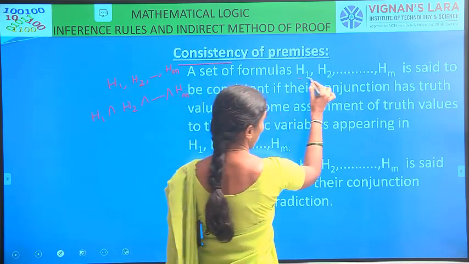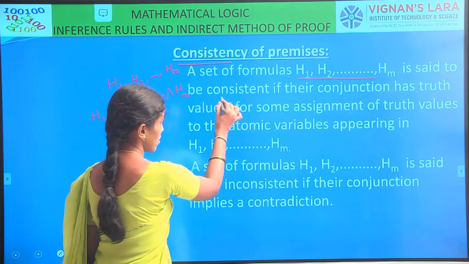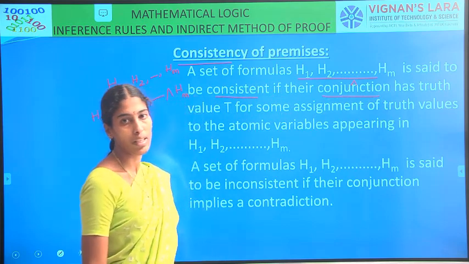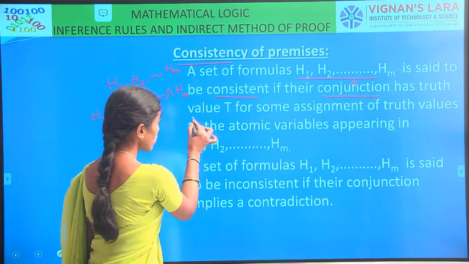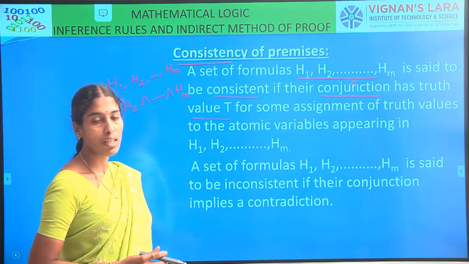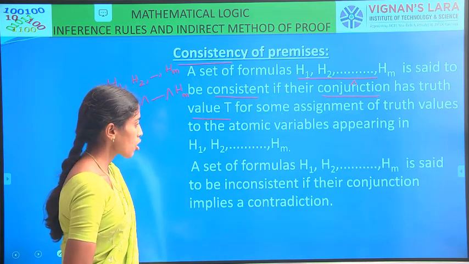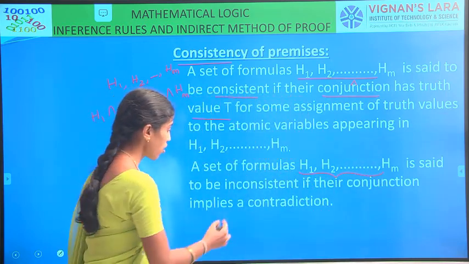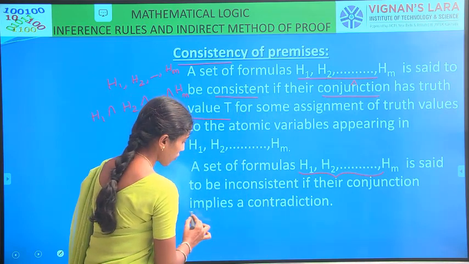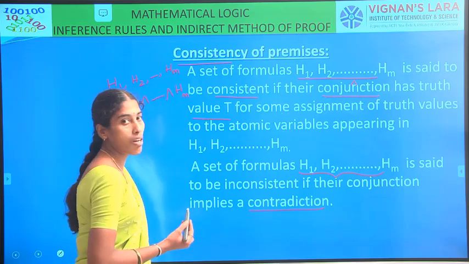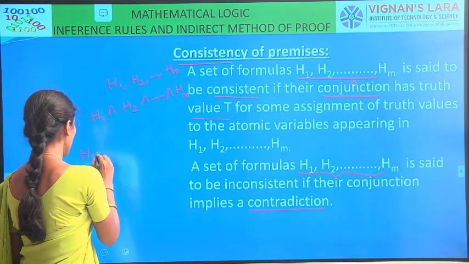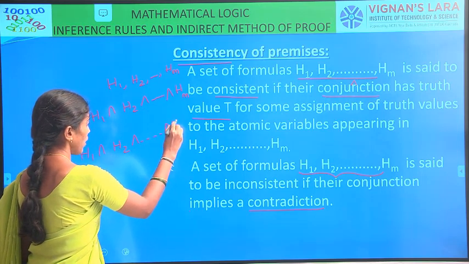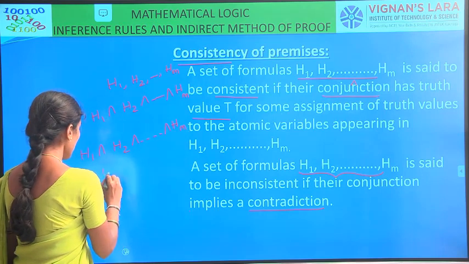A set of formulas is said to be consistent if their conjunction, meaning we use the and symbol in between H1, H2, so on Hm, has a truth value T. Suppose the set of premises has a truth value false, otherwise we say instead of false, contradiction, that is H1 and H2 and so on and Hm is a contradiction.